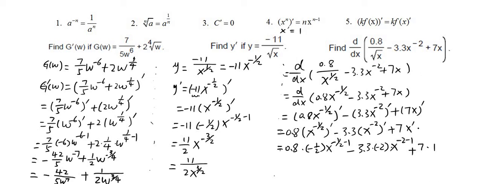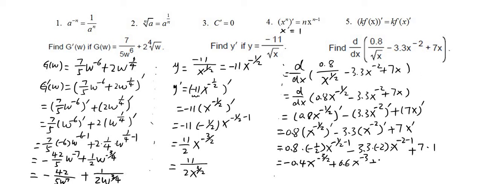The derivative of x is equal to 1, so here we directly apply this rule, and we have 7 times 1. 0.8 times negative 1/2, so 0.8 divided by 2 should be negative 0.4, with exponent negative 1/2 minus 1, which is negative 3/2. And negative, negative is positive: 3.3 times 2 is 6.6, x to the power negative 3.